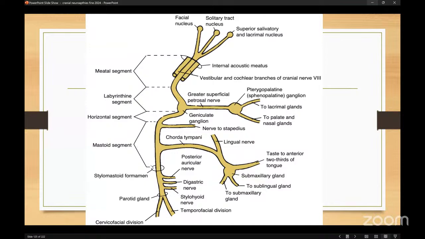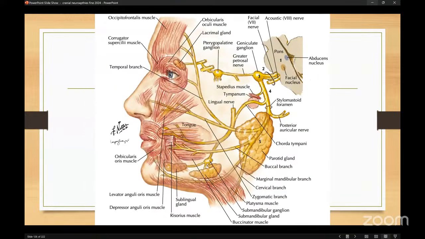Then comes the mastoid segment, where the chorda tympani branch is given, which joins the lingual nerve and supplies parasympathetic fibers to the submaxillary glands and also carries taste sensation from the anterior two-third of the tongue. Then it comes out of the stylomastoid foramen and divides into the posterior auricular branch, digastric branch, stylohyoid nerve, and then two major divisions, the cervicofacial division and the temporofacial division.